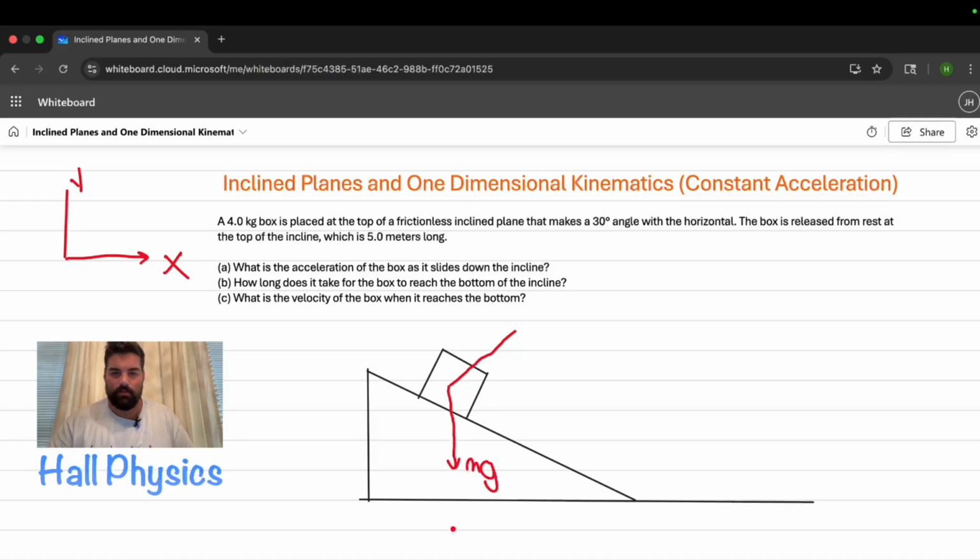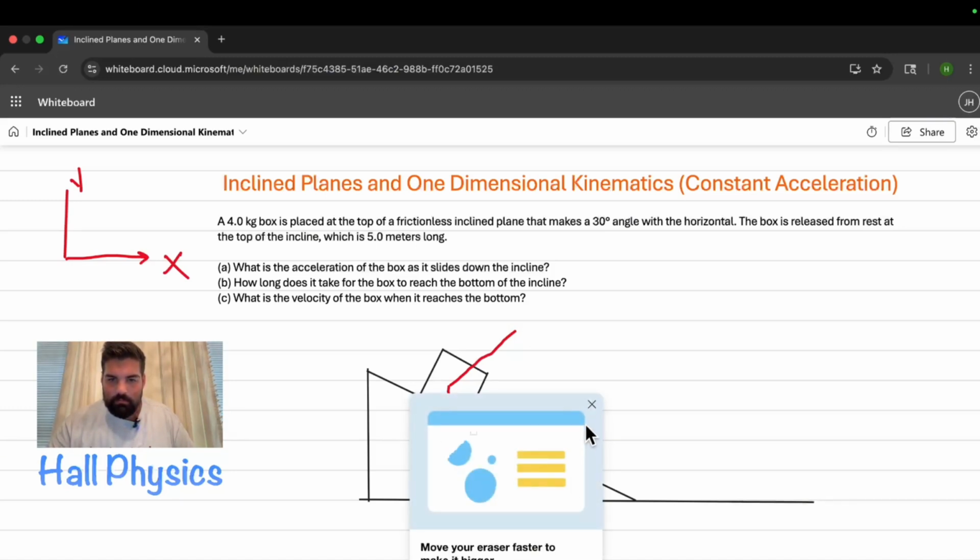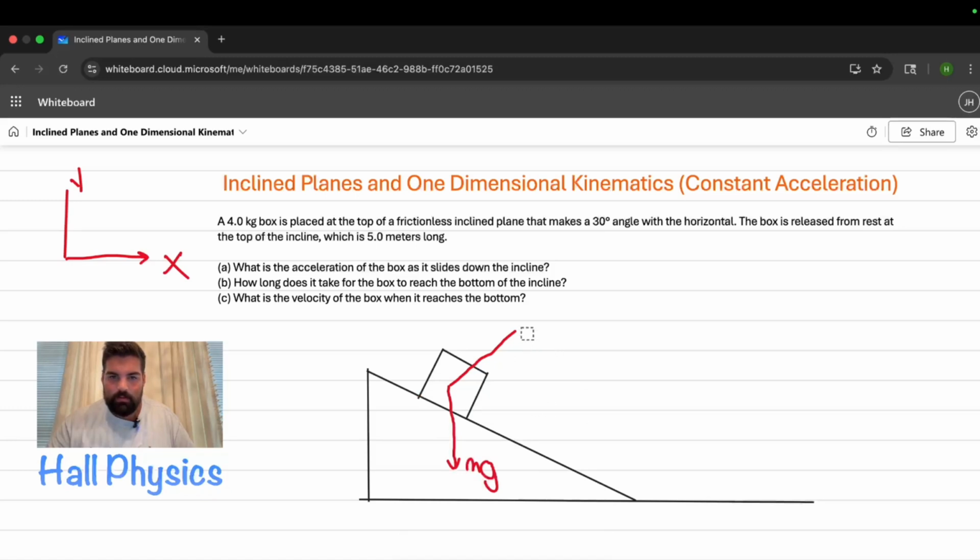Hang on, let me fix that. I need to make a better drawing here. That's better.